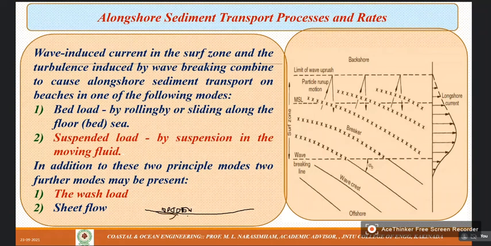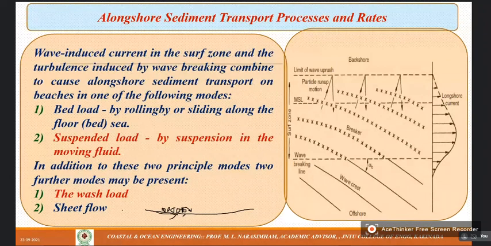This is the bed. Each particle has its own independent movement, so it all depends upon the grain size and the shape.